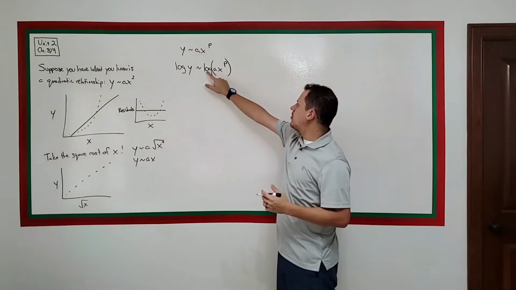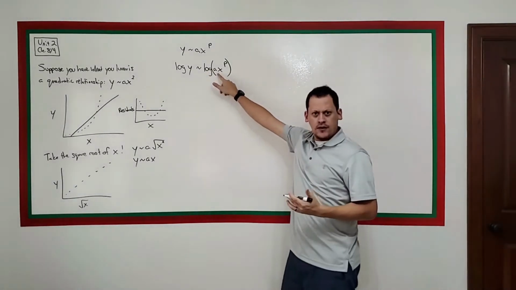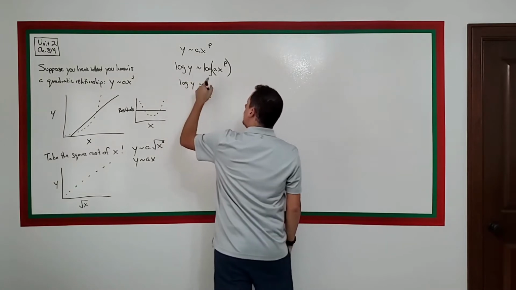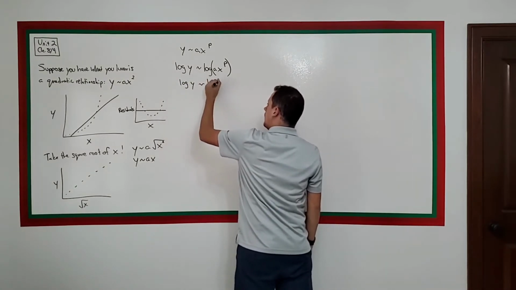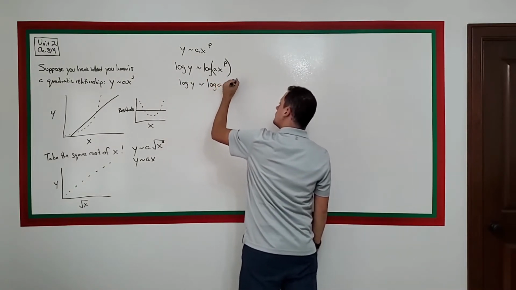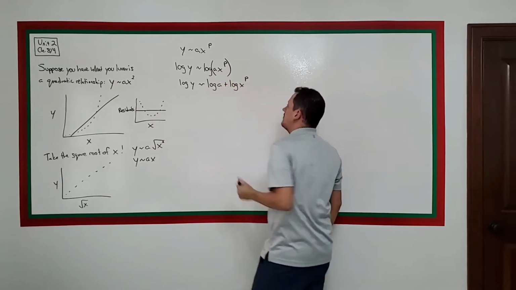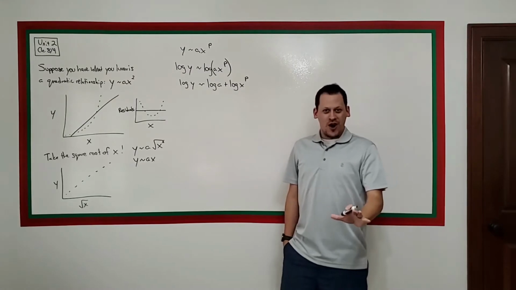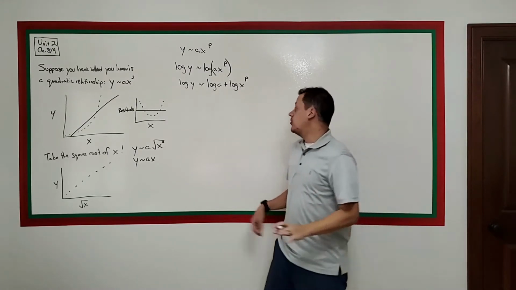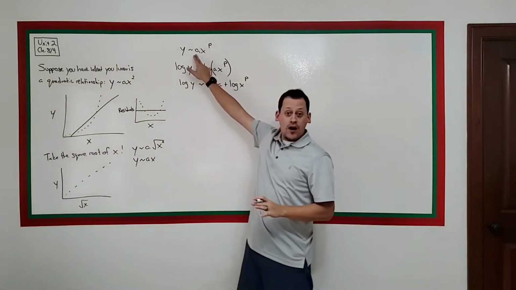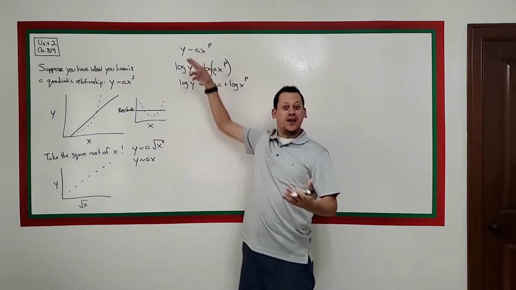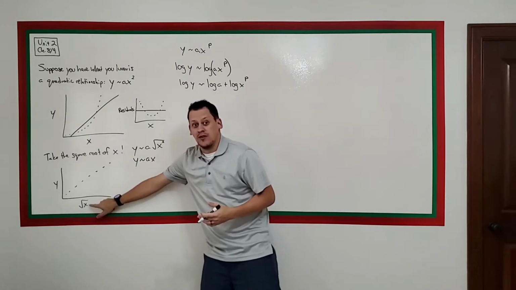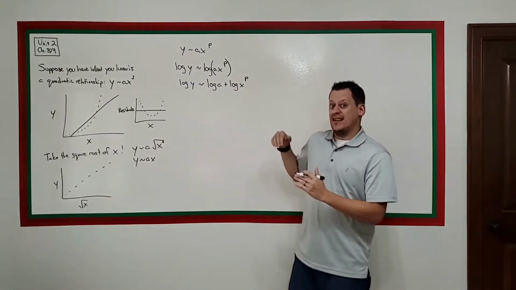So if we've got the log of a product, then on this side, we can take log of a plus the log of x to the p power. You don't have to remember all these properties, but we're showing you if you've got a power relationship between x and y, we're trying to get at how we can transform the x to make it linear.